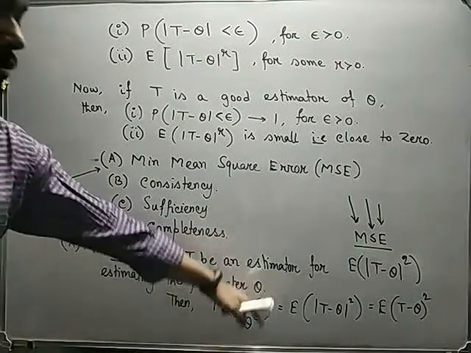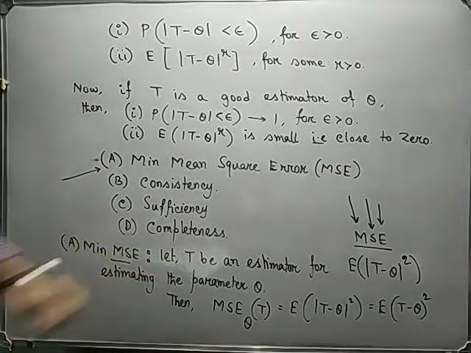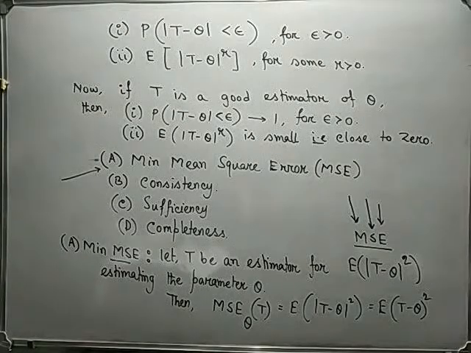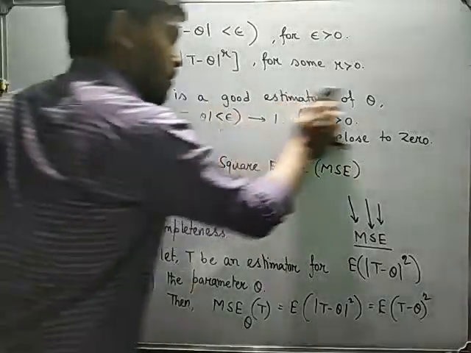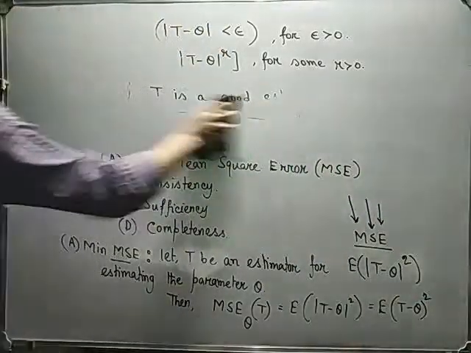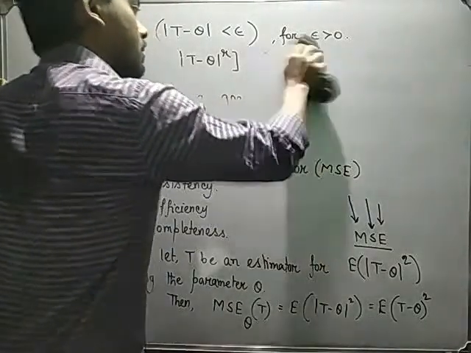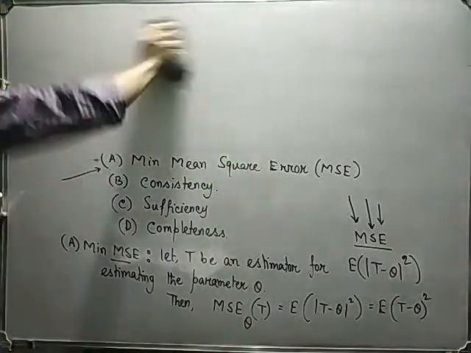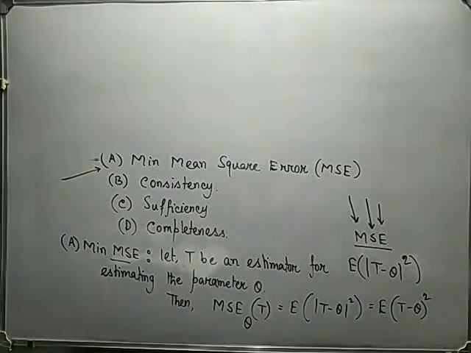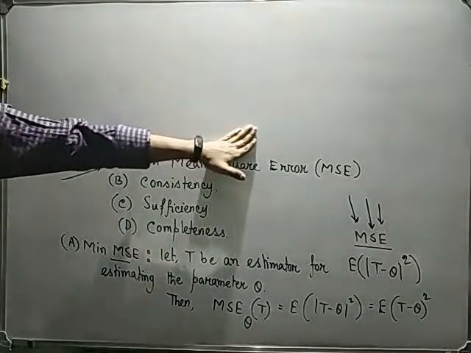Now how can we get a best estimator, or a good estimator, using this MSE? I'm telling you that in this lecture series, I will not prove any detailed theorems, as this is a special lecture series for the competitive exam.